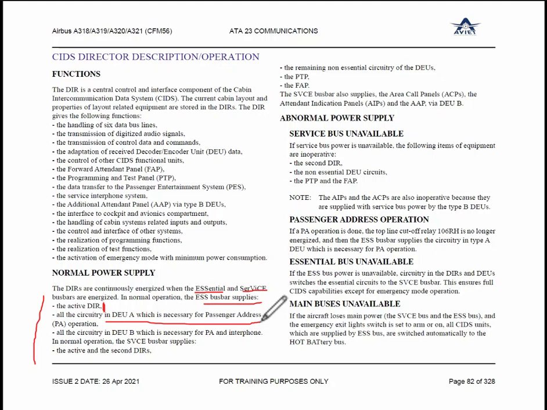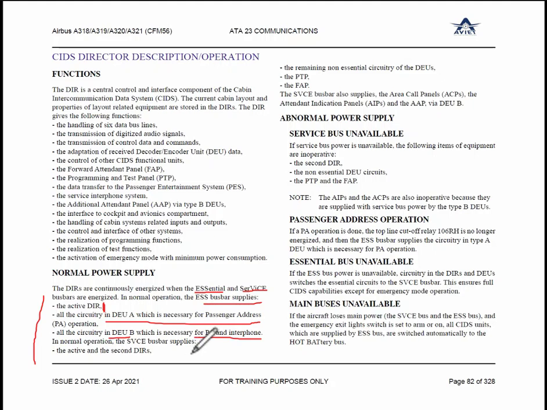Correct? So non-essential DUA are not supplied by the essential bus. They are supplied by the service bus. All DUB which are connected with the handset or for PA purpose are supplied by the essential bus in the normal case.